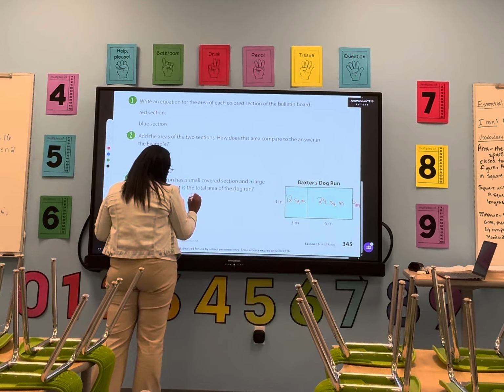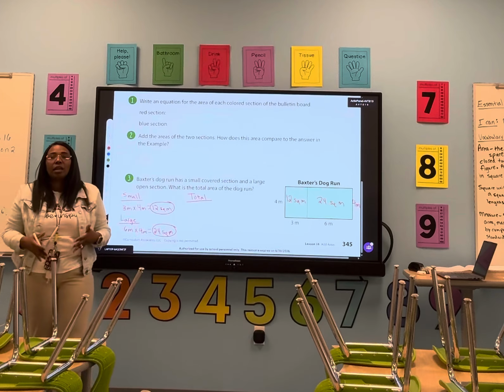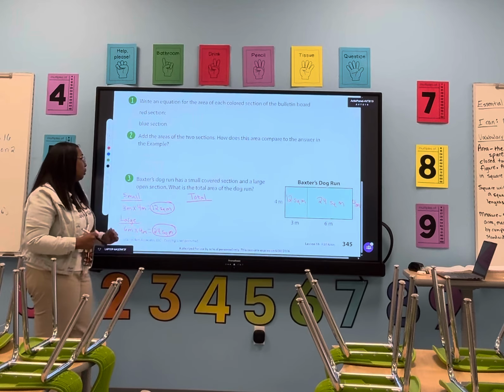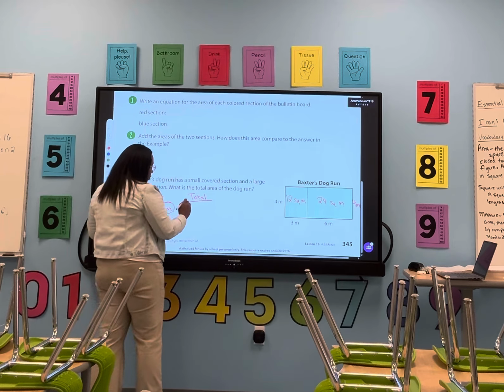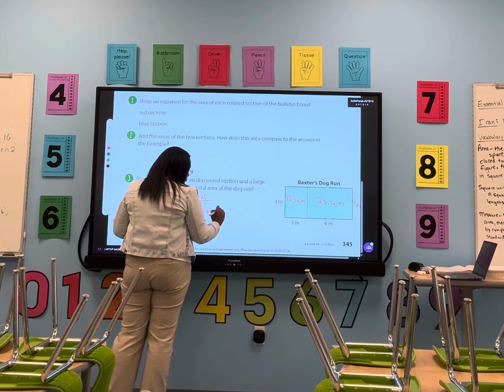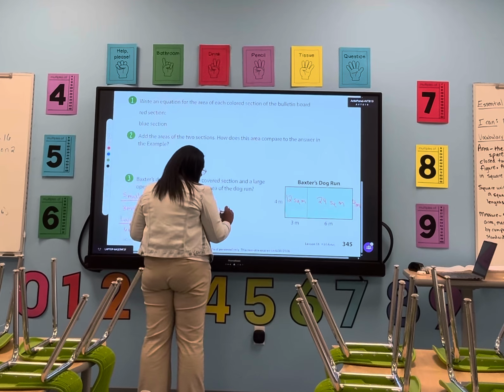So let's go ahead and add for the total. So I'm going to write total on top because Ms. Newman likes to label and keep everything nice and neatly together so I know where it goes. So my total is going to go here. So I'm going to do my area of 12 square meters plus my area of 24 square meters.